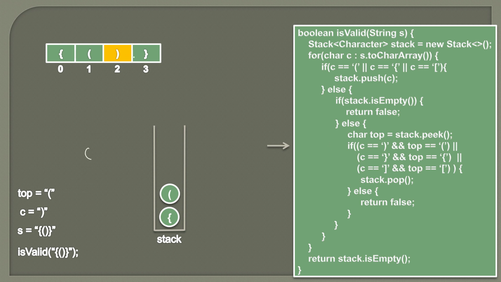And the current element, which is C, whether it's the same type of closing bracket. So here C is equal to closing round bracket like this. So this much string is valid. So the first condition comes out to be true. So we simply pop this element out because its matching bracket has been found.